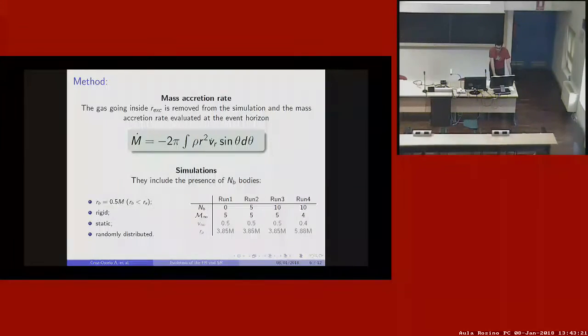To study how these objects change the mass accretion on a black hole, the authors perform simulations with different numbers of obstacles, 0, 5, and 10, and considering different values for the Mach number, 5 or 4.